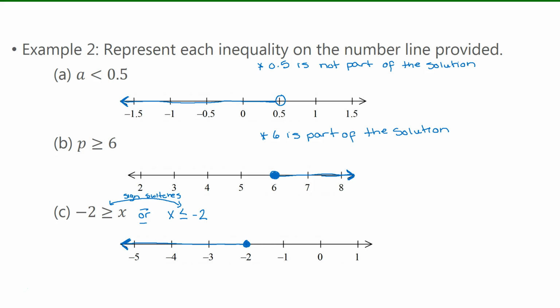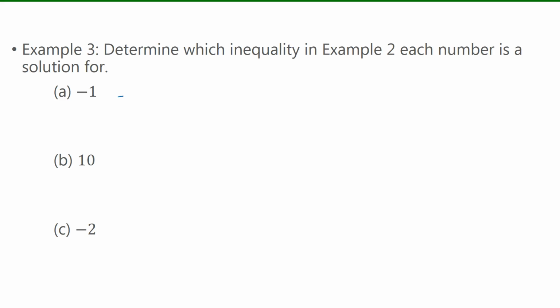So if we go back to example 2, we see that negative 1 is part of the solution for A. For B, negative 1 would be down here, and that is not part of the solution. And then for C, negative 1 is here, which is again not part of the solution. So negative 1 is a solution for a is less than 0.5.